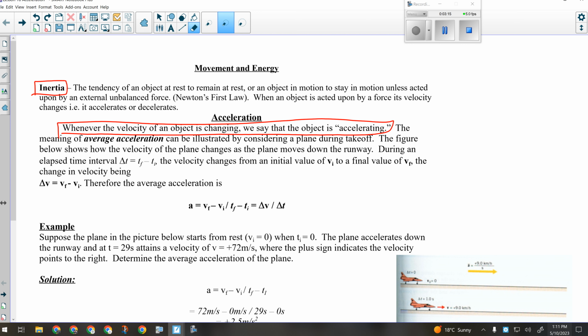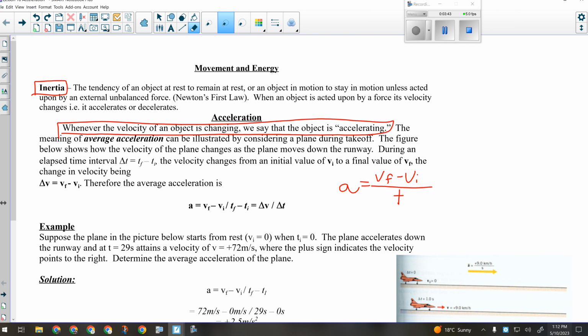According to that definition, we can calculate acceleration by taking the change in the velocity and dividing it by the change in time. Because acceleration is, after all, the rate at which we change that velocity. Velocity is changing, the object's accelerating, but we can also calculate the rate of that acceleration.